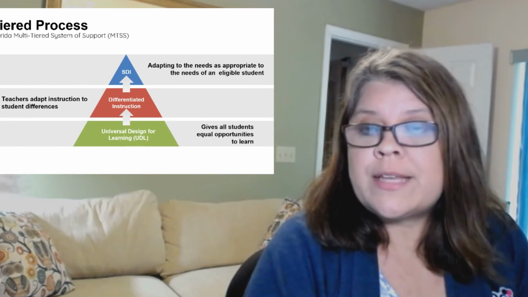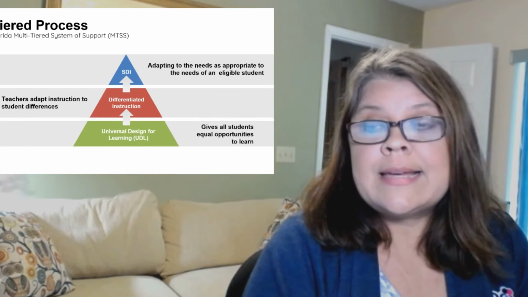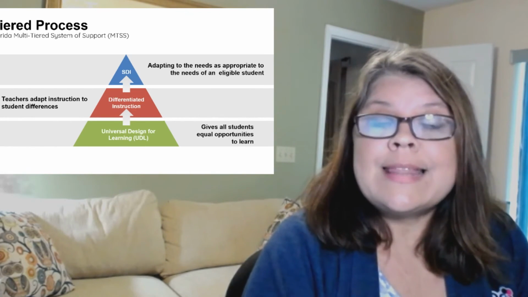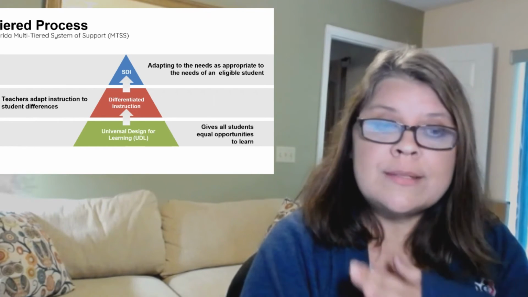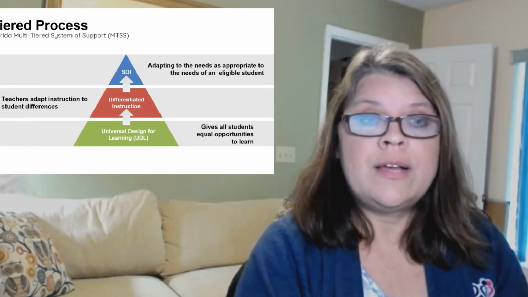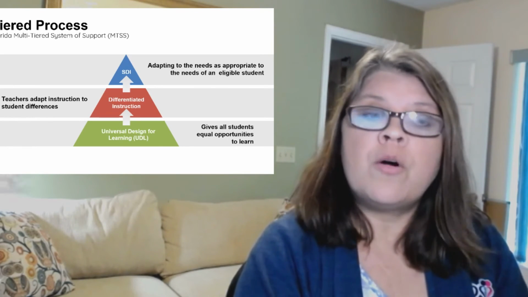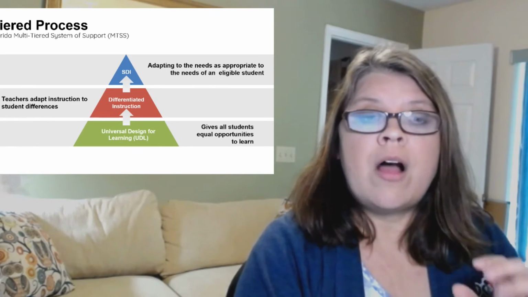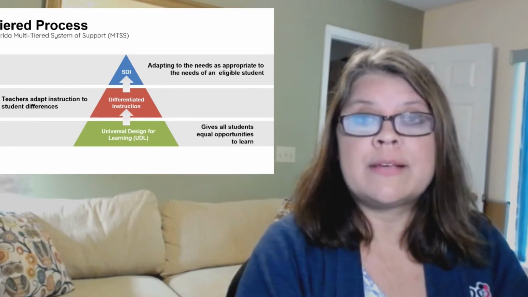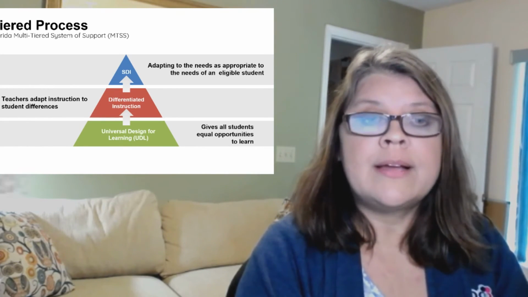Tier 1, the green at the bottom, is your Universal Design for Learning, or UDL. Basically, that is supports that all of the students in the school have access to. It gives all of the students equal opportunities to learn. All students receive high quality instruction in academics through UDL. Okay?